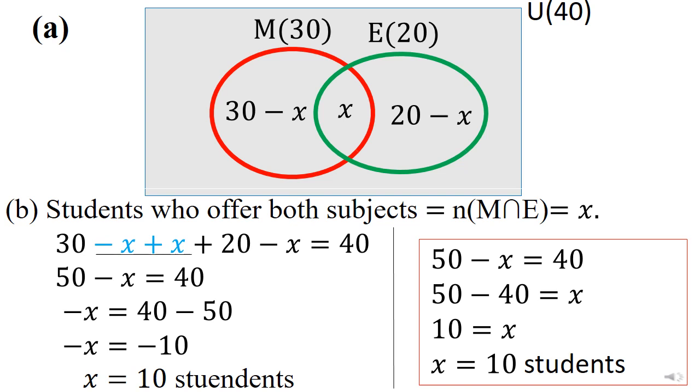Now, minus x is equal to minus 10. Now, we divide both sides of the equation by -1, or we multiply both sides by -1, or simply, the negative sign on both sides will cancel itself. So we have x is equal to 10 students.